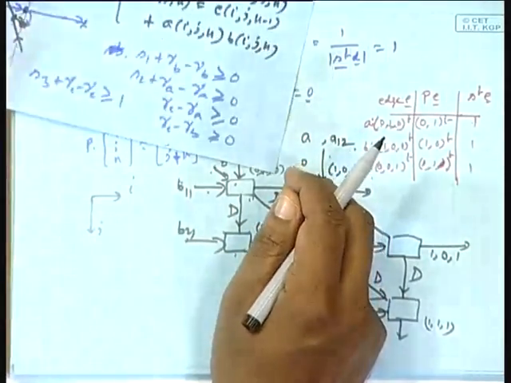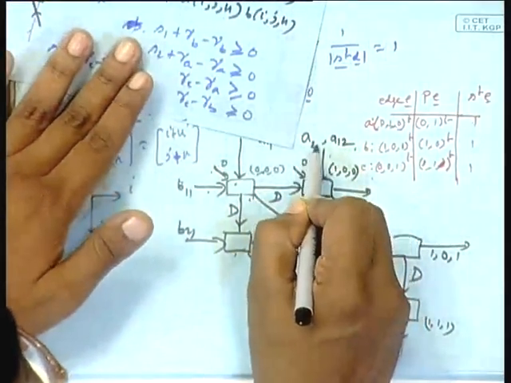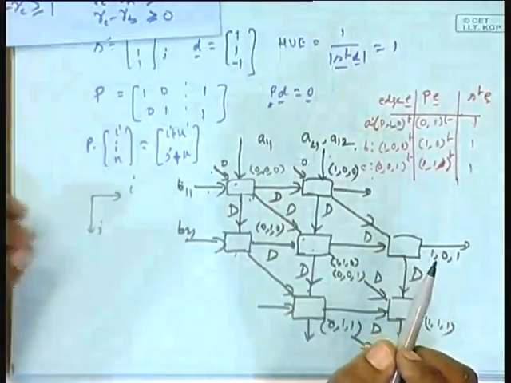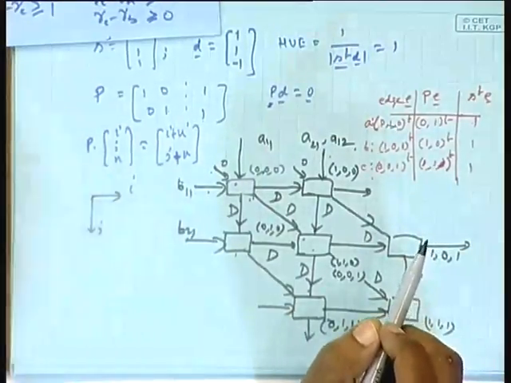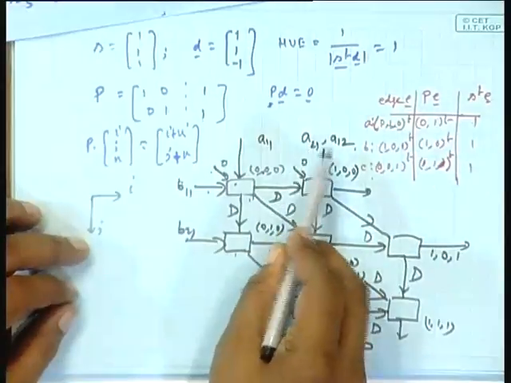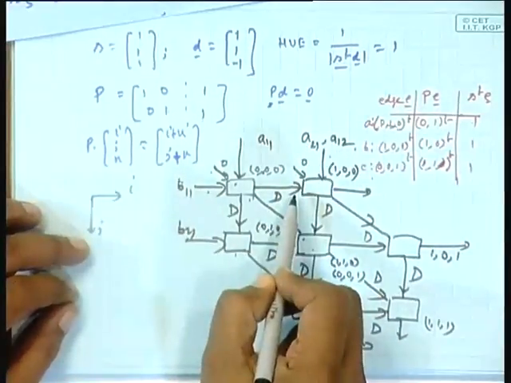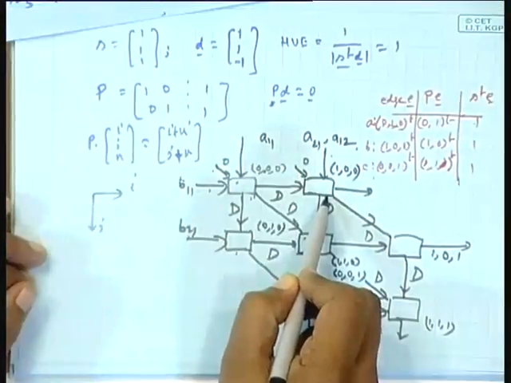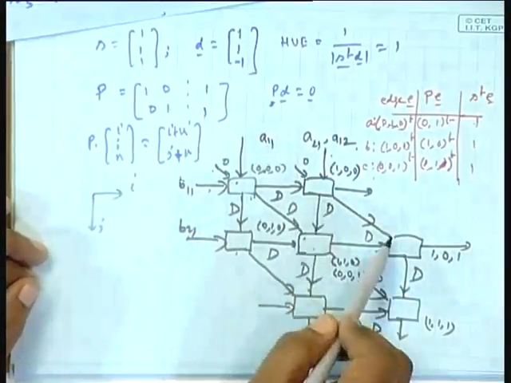Next guy is A21. So next cycle, cycle number 1, A21 into B11. Second row of A times first column of B, A21 into B11. Result is obtained here, cycle number 1. Then it moves here in cycle number 2.